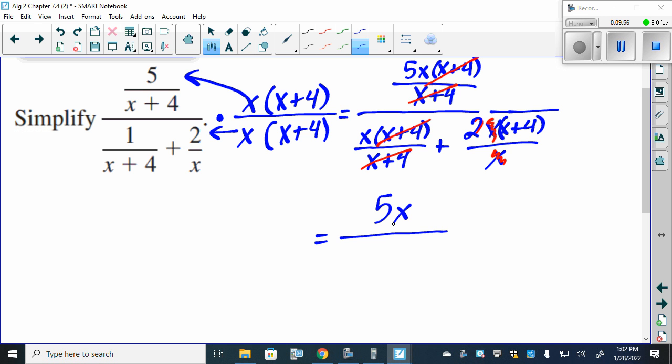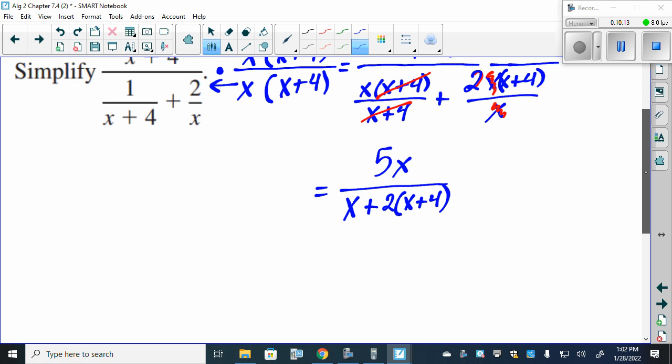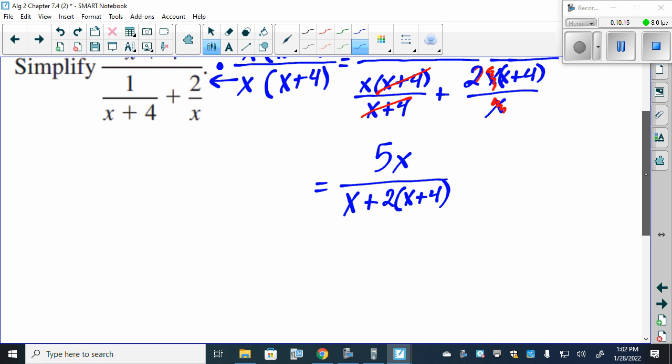So the numerator is now just a whole number. We don't have any fractions left over. Let's look at the denominator. Well, for the first one, we just have x plus 2 times x plus 4. So that's kind of nice, isn't it?